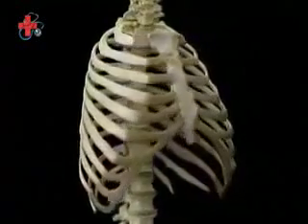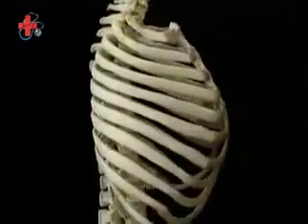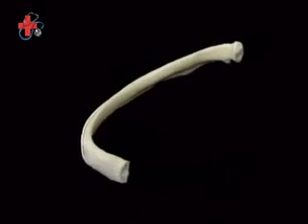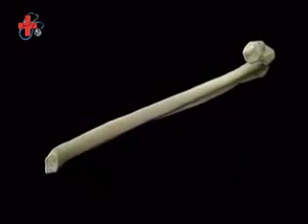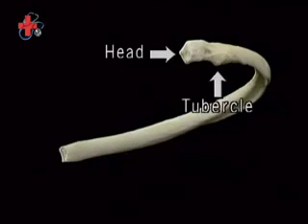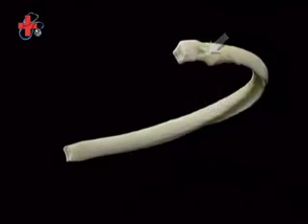Now that we've looked at the thorax as a whole, let's take a look at a typical rib, the 6th rib. The rib is thin and flat and curved in the form of a spiral. At the back, there are 2 thickenings, the head and the tubercle, which are separated by the neck.